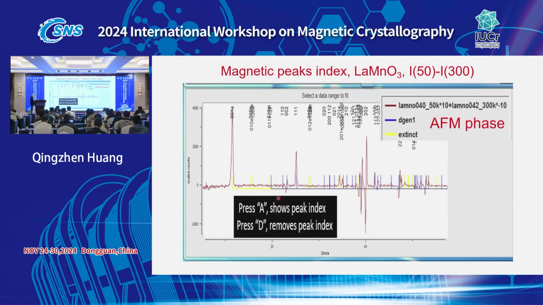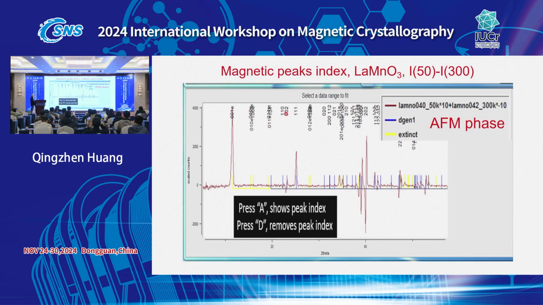And then you can index them. You press A to show the peak index, and press D on the keyboard to remove this. So you press A, and all of the indexes are shown here.